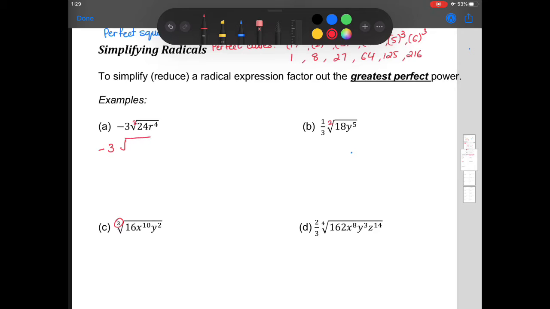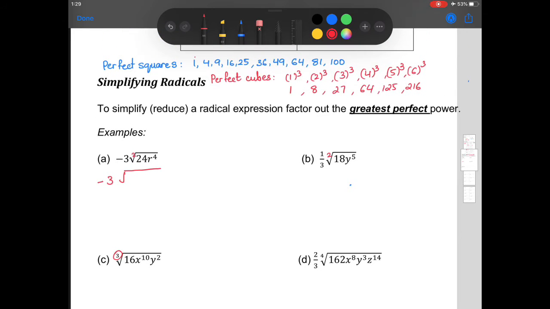So how do I simplify it? If you look at 24, I'm going to look at my perfect squares because we're dealing with square roots here. 24 did not make the list, but I want to rewrite 24 as a product of two numbers, one of them a perfect square.